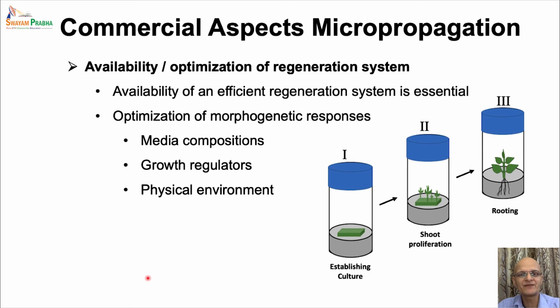The major parameters that need to be optimized in any in vitro tissue culture setup are the media composition, growth regulators, and the physical environment. For the morphogenetic responses, we need to optimize the growth hormones, in what concentrations these will be used or in what combination they will be used.